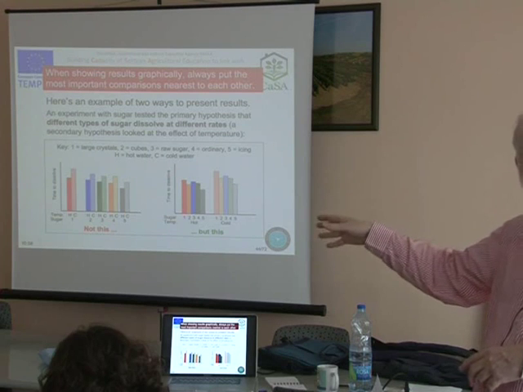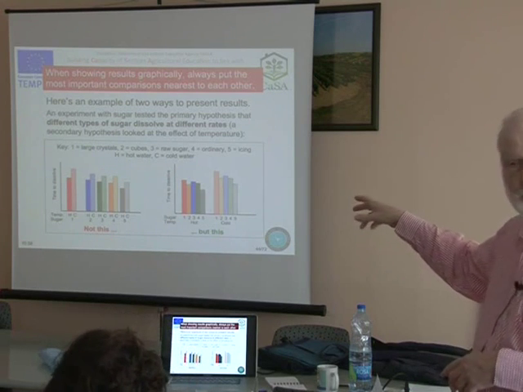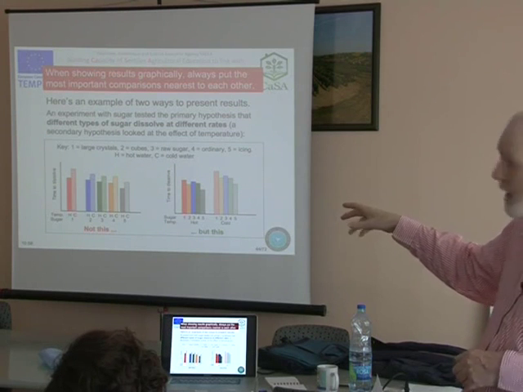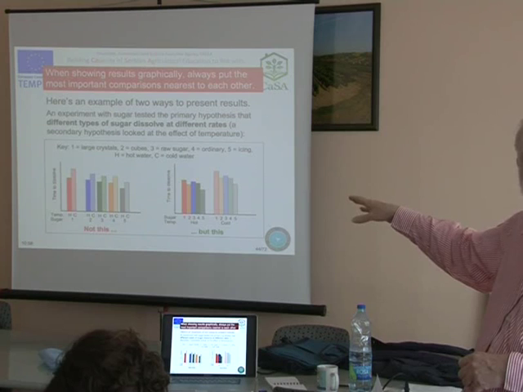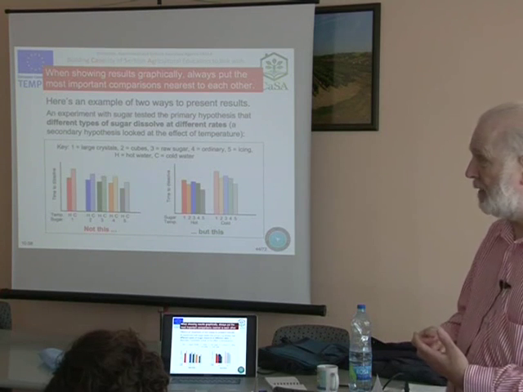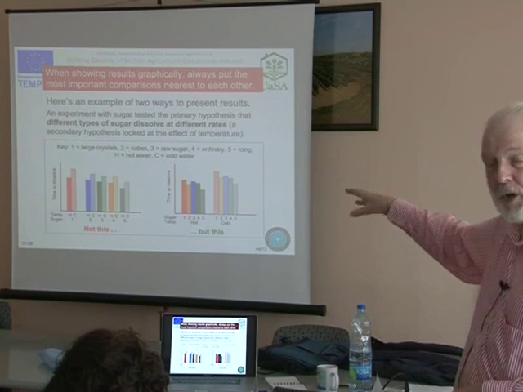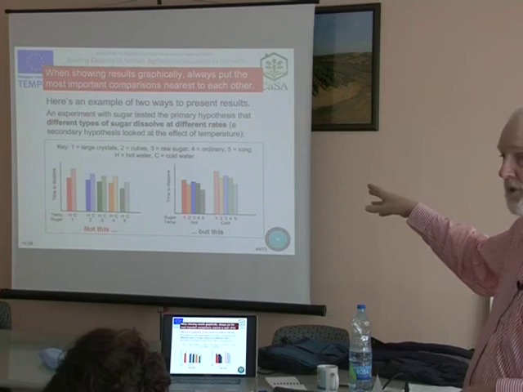So on the left-hand side, we have hot and cold compared for the 5 types of sugar. On the right-hand side, that makes it easier for the reader to make the comparison between the 5 types of sugar. And there's a separate block of histograms for the different temperatures.